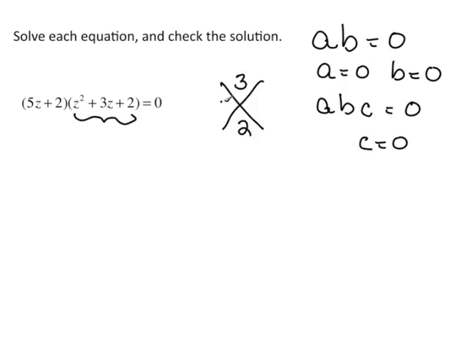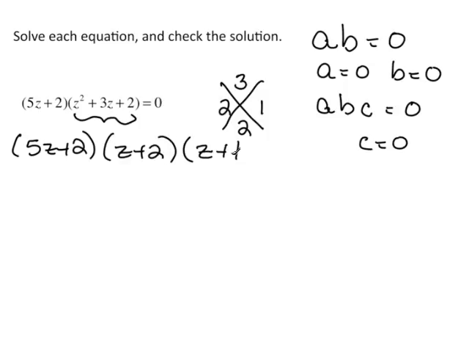So I'm going to use the numbers 2 and 1. 2 plus 1 is equal to 3, and 2 times 1 is equal to 2. So then we end up with 5z plus 2, because we couldn't factor anything out. And then this second degree equation, when we factor it, we get z plus 2 and then z plus 1, equal to 0.